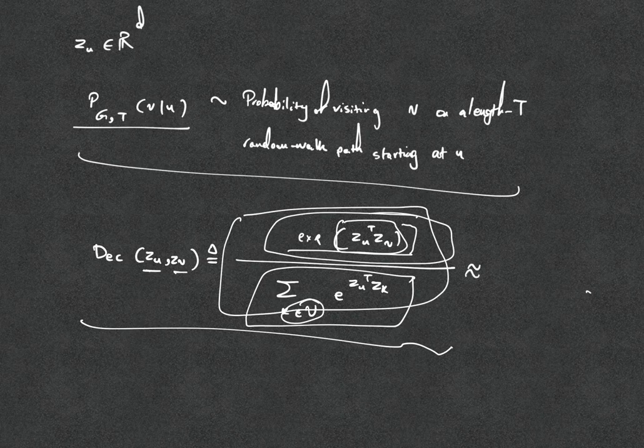And this is supposed to approximate the P_G,T of V conditioned on U. Note that T is usually defined to be in a range of 2 to 10. Now, one other key detail to note here is that this probability definition, as a stochastic measure of similarity between two nodes, is first, not deterministic, it's stochastic, and second, it is asymmetric, so it is not symmetric.